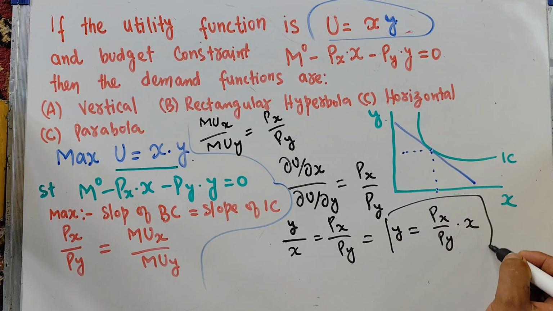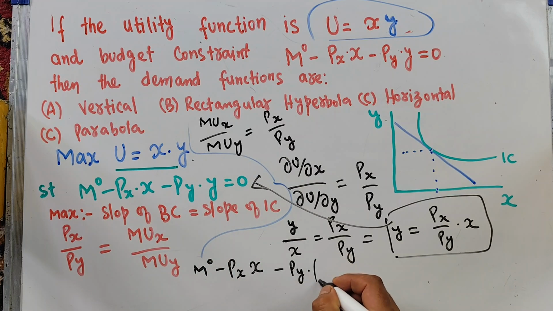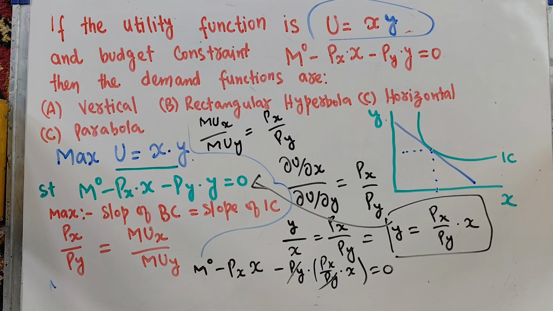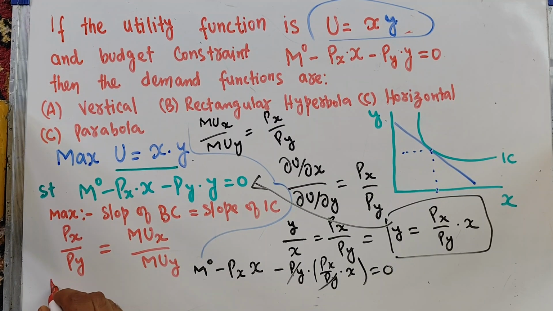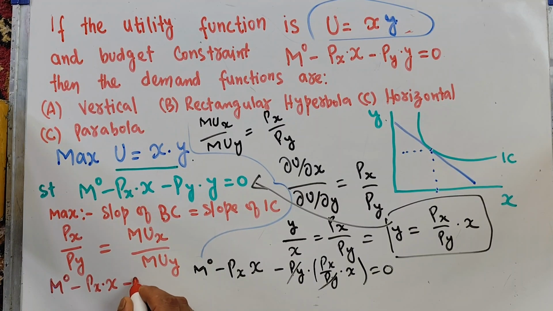Now we plug this value of y into the budget constraint. So we have m naught minus price of x times x minus price of y times the value of y which we got here, that is price of x upon price of y times x, equal to 0. Here py gets cancelled. We are left with m naught minus px into x, then we are also left with minus px into x equal to 0.